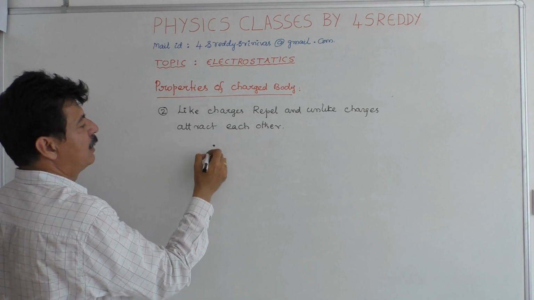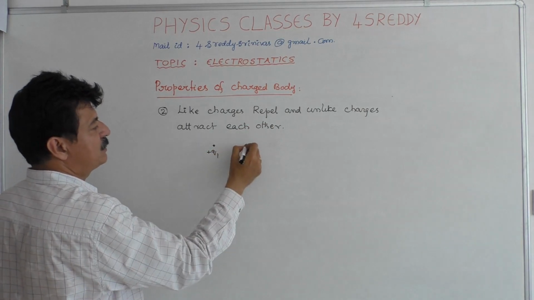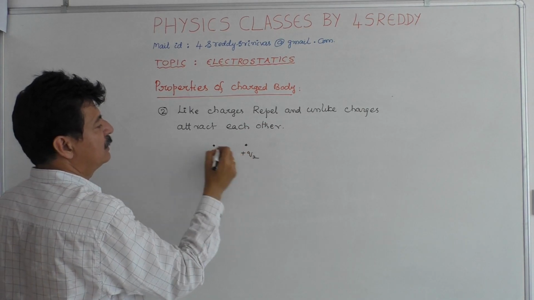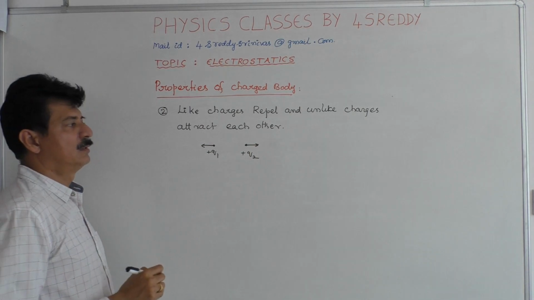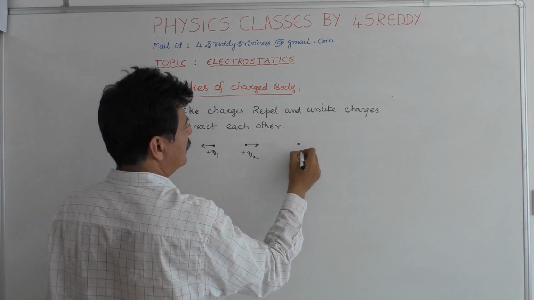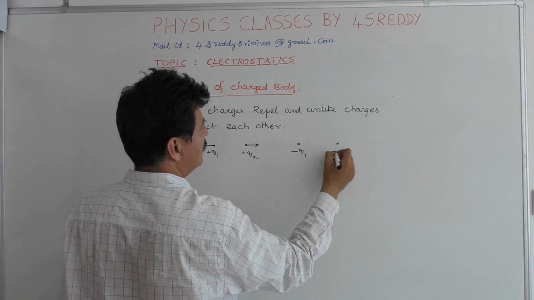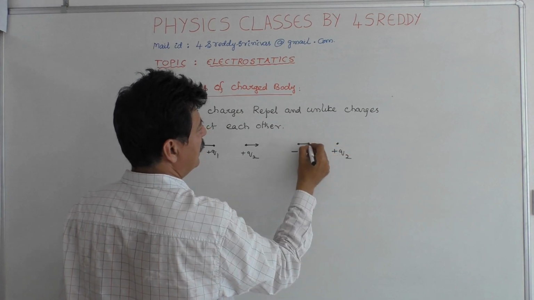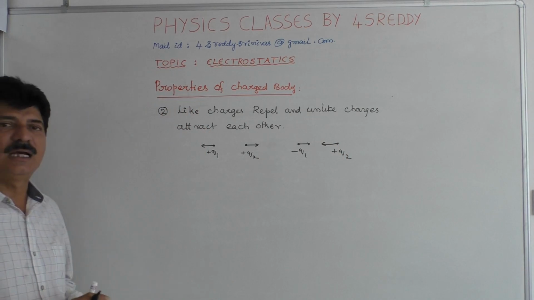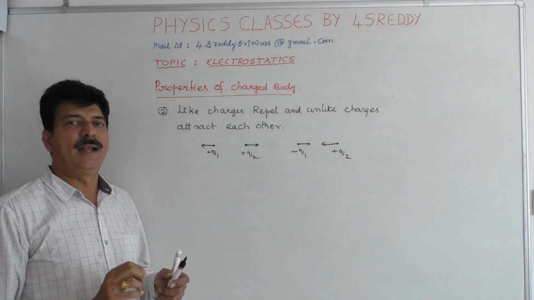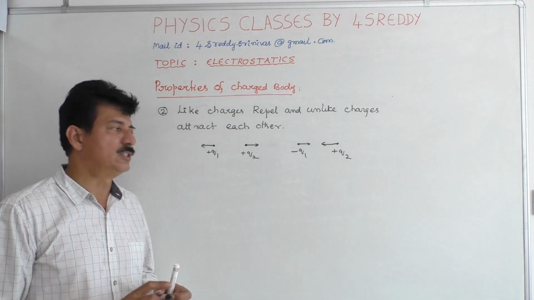Suppose this is plus Q1, this is plus Q2, then there exists a force of repulsion. And if they are unlike charges, suppose this is minus Q1, this is plus Q2, then there exists a force of attraction. So, like charges repel and unlike charges attract each other.